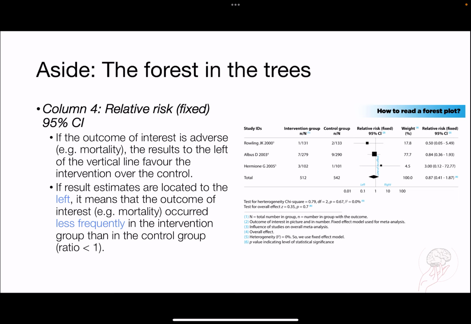So if the outcome of interest, let's say it's mortality, is aversive, the results are usually to the left. If the results are located to the left, it means that this occurs more frequently in the control group or less frequently in the intervention group.